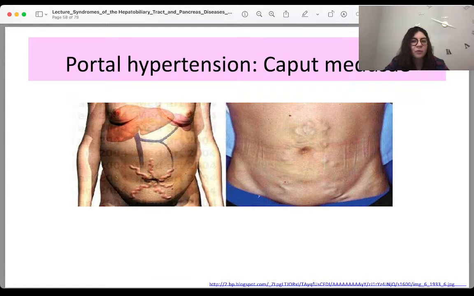Here are photo examples of patients with caput medusae. You see what specific vein varices can look like, and all of these are patients with portal hypertension.